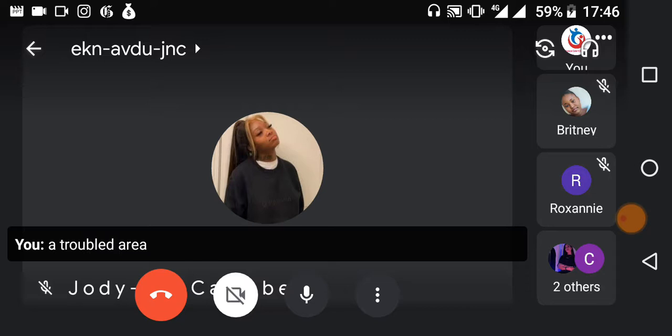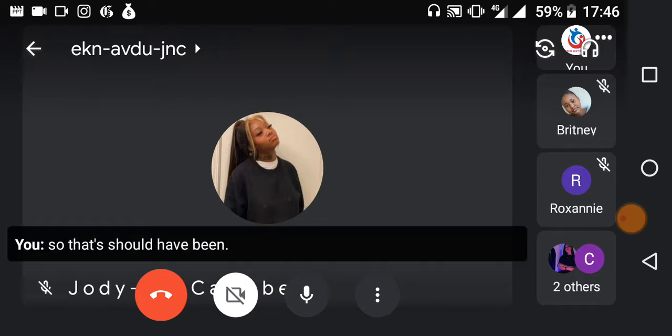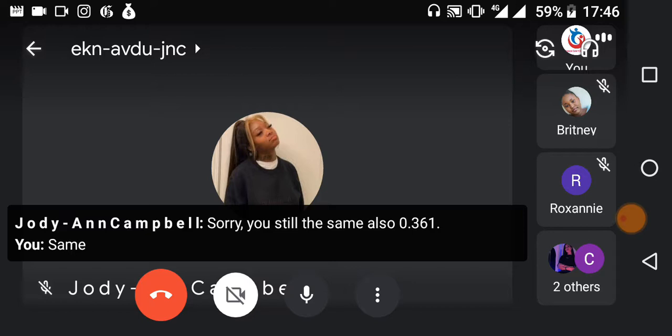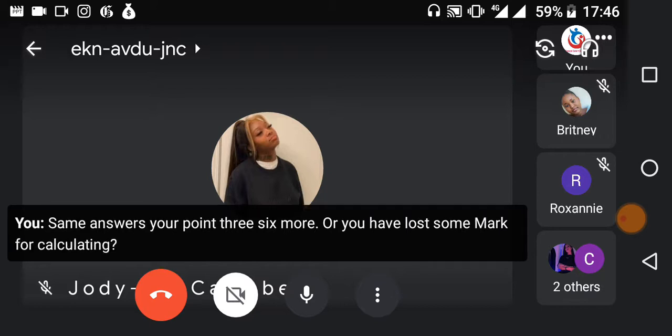So that should have been 40 divided by the same answer, 0.36 mole. But you'd have lost some marks for calculating the molar mass of calcium chloride. So you must be careful.